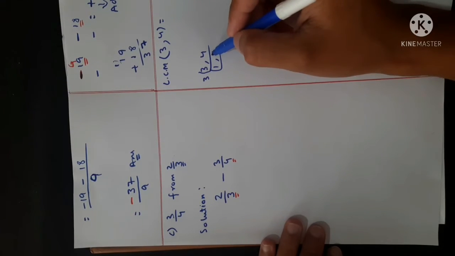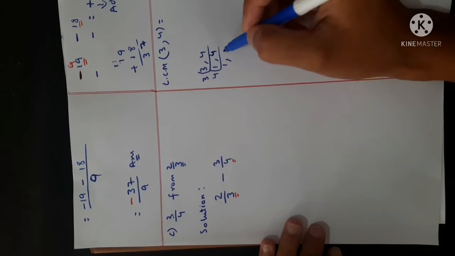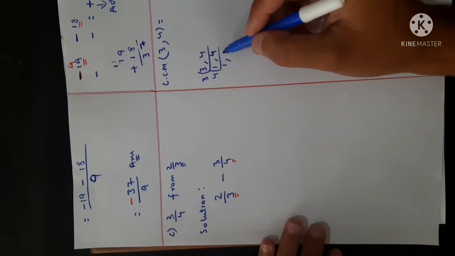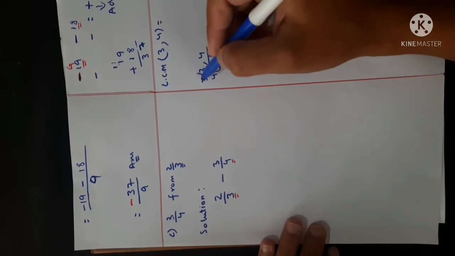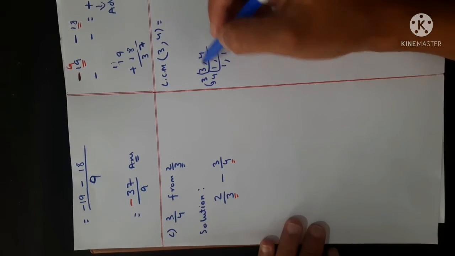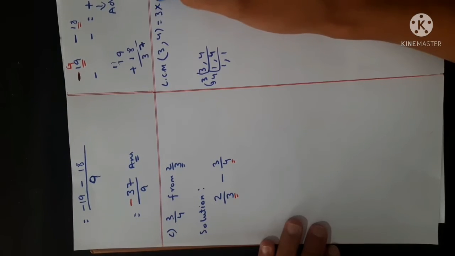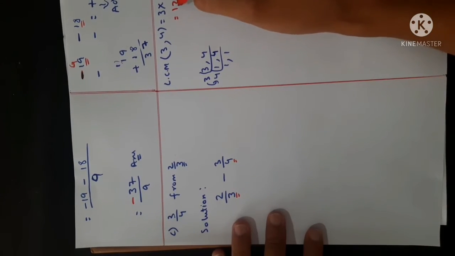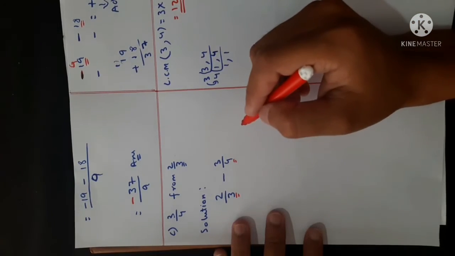We do not have any number, isn't it? So we just write the number 4 here. 4, 1, 4, 1 are 4. So we have got 1 throughout at the bottom. So we stop there and we multiply the side. 3 multiply 4 will be equal to 12. So 12 is the LCM.